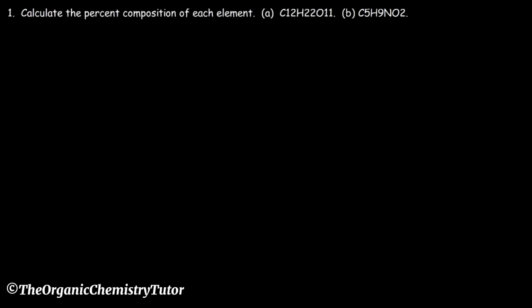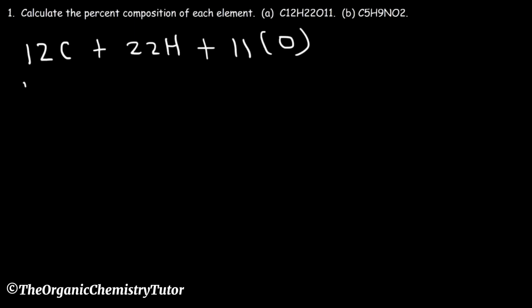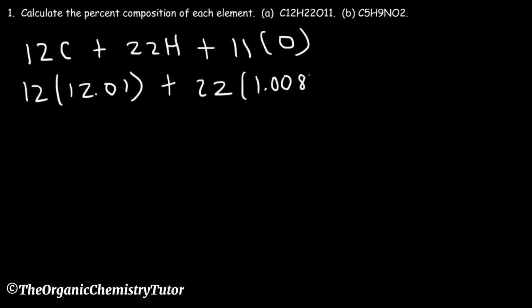C12H22O11, sucrose. Let's calculate the percent by mass of carbon. The first thing I would recommend doing is finding the molar mass of the entire compound first. So let's do that. We have 12 carbon atoms, 22 hydrogen atoms, and 11 oxygen atoms. Carbon has an atomic mass of 12.01, and hydrogen is 1.008.